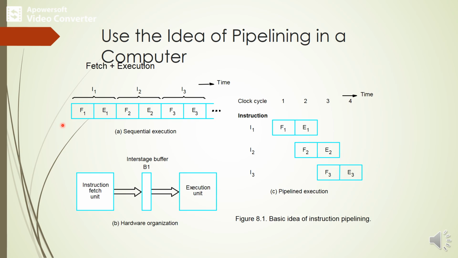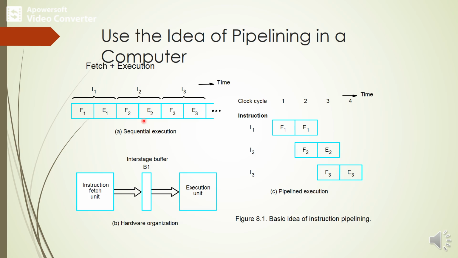Now we can consider the use of the idea of pipelining in a computer system. As I mentioned before, we have to overlap the operation of the fetch phase and the execution phase.